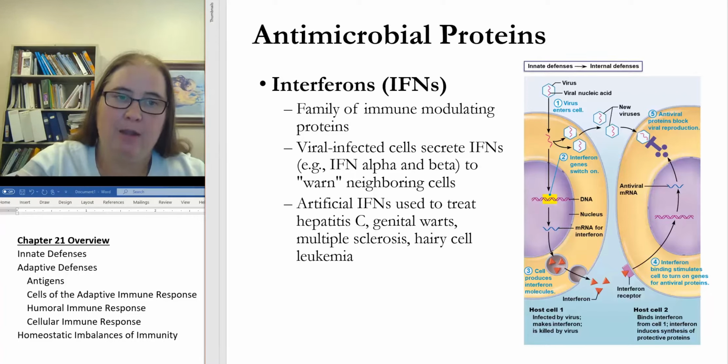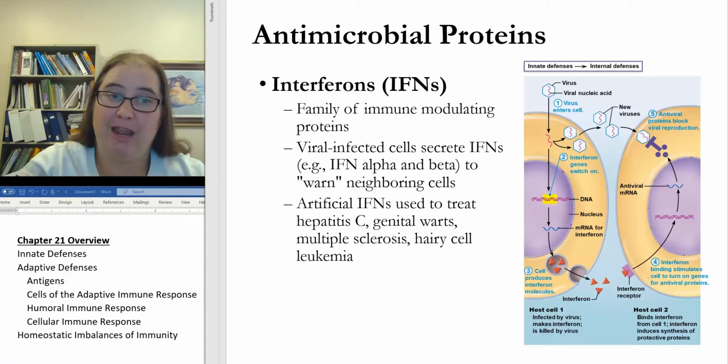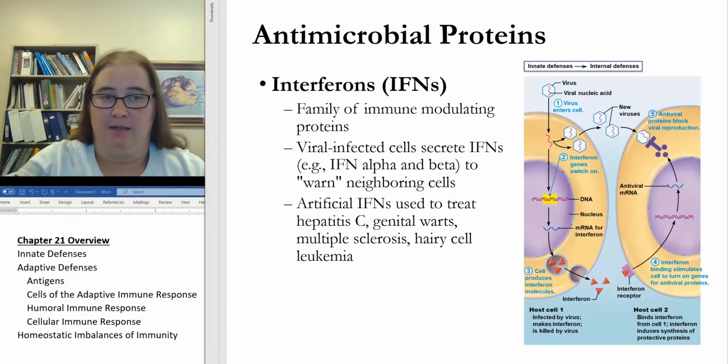And what happens now is this interferon signals to its neighbors to make an antiviral messenger RNA, which ends up making proteins that block viral reproduction or viral copying. Now again, this relies on this first cell being able to be activated, or the interferons being activated, in order for it to warn those neighboring cells.